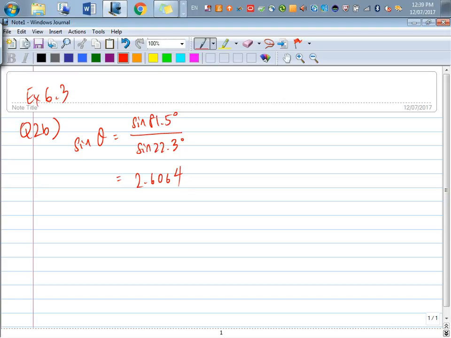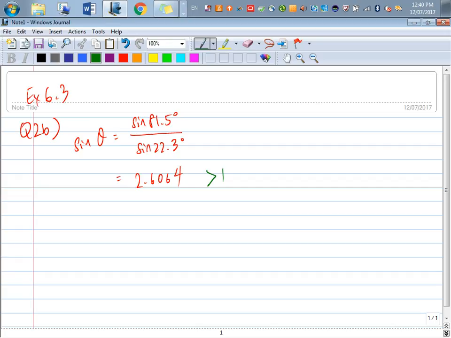Okay, so what is the problem with this portion? Sine angle equals 2.6064. This value over here is greater than 1. Now, whenever we apply sine to an angle, the maximum value we can go is 1. So if your answer is more than 1, that means it is not possible to solve for theta.